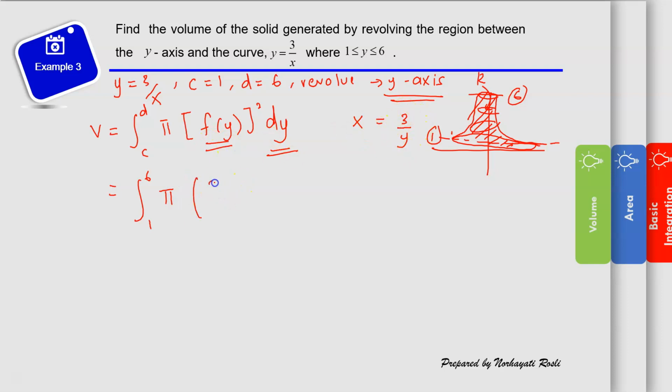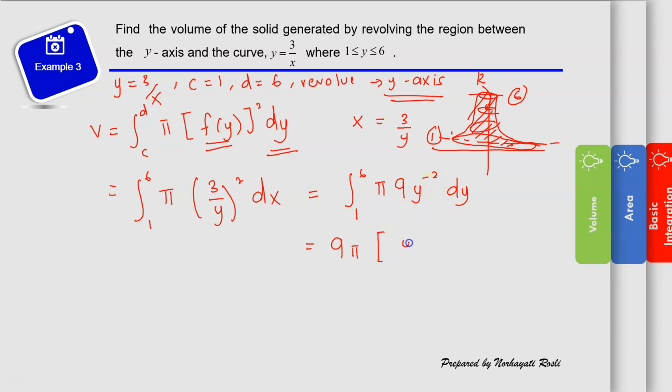So we have here 3 over y, squared, dy, which is the integration from 1 to 6 of pi times 9 y to the power of negative 2 dy. That is equal to 9 pi. We integrate from 1 to 6, y to the power of negative 2 dy.